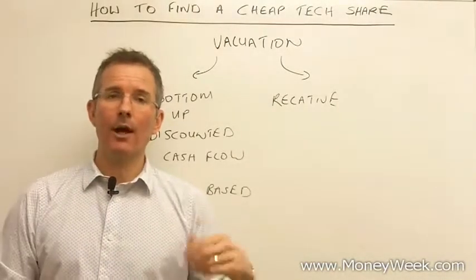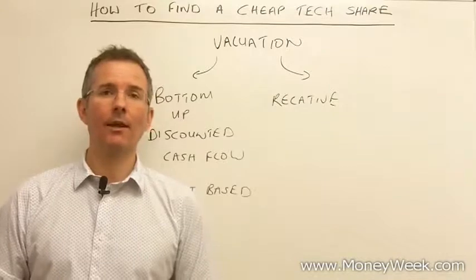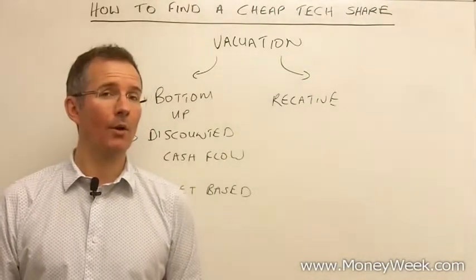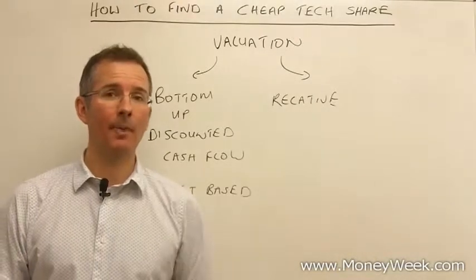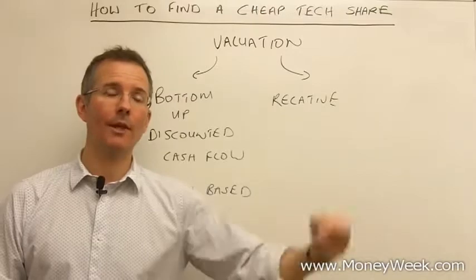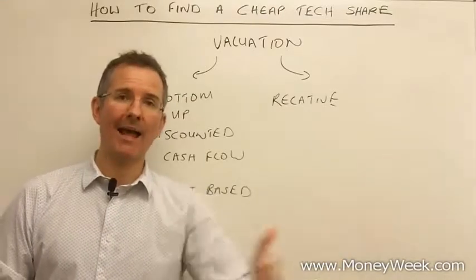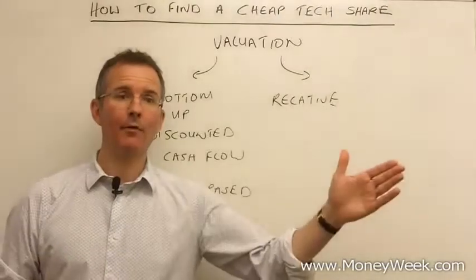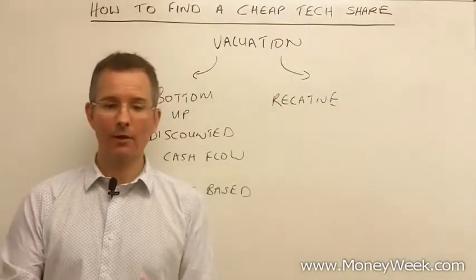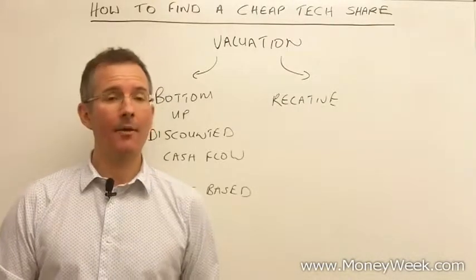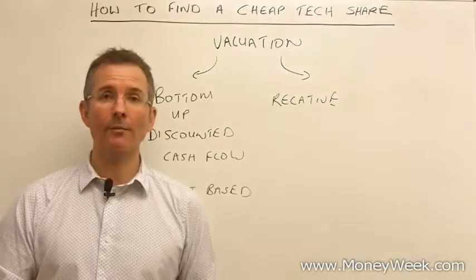So in other words, £100 of cash generated by a company tomorrow is worth a lot more than £100 in 30 years because of inflation. So you need to basically discount the cash flows in the future back to a current value today. And then if you add them all up over 20 or 30 years, in theory, you get to a lump sum which represents the value of your company. Now, if that sounds like quite a lot of work, it is.